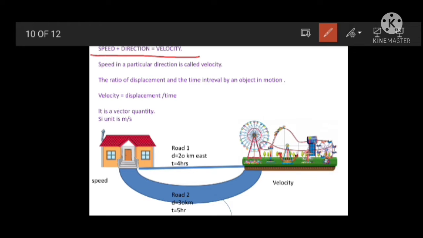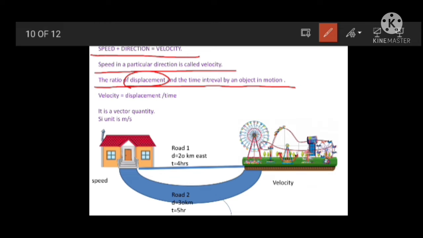Now, speed in a particular direction is called velocity, or the ratio of displacement and the time interval taken by an object in motion is the velocity. In the earlier video we have discussed displacement.